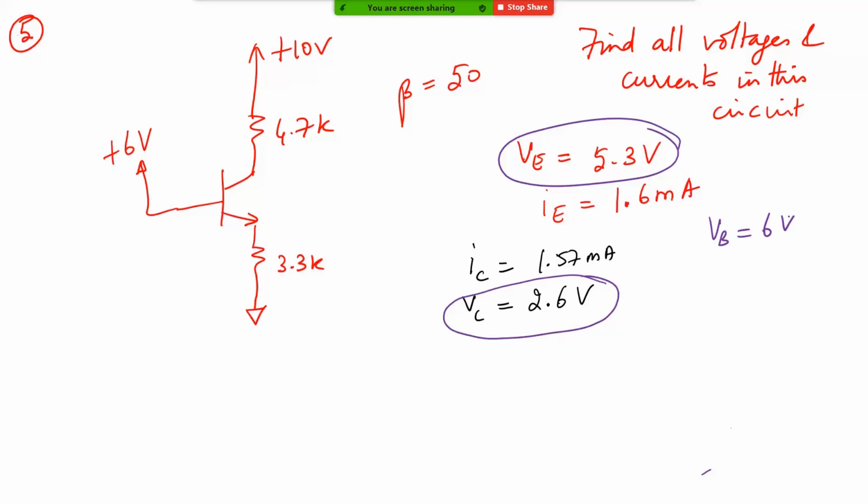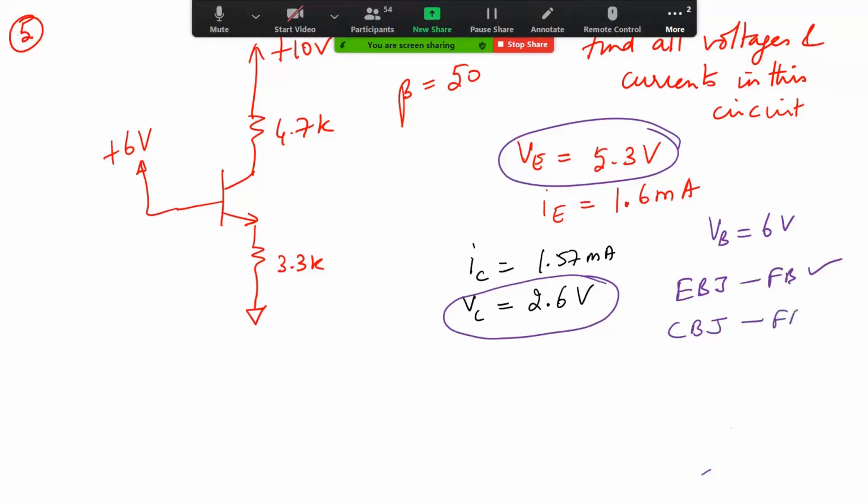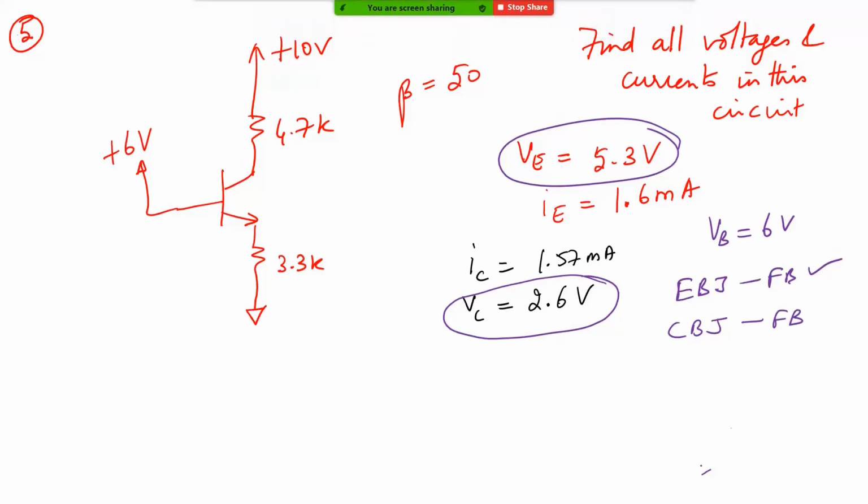The first junction, the emitter-base junction, is forward biased. This is no problem. What about the collector-base junction? Forward biased. Correct. So is this in the forward active mode or some other mode?